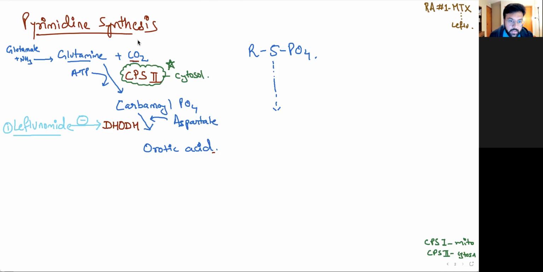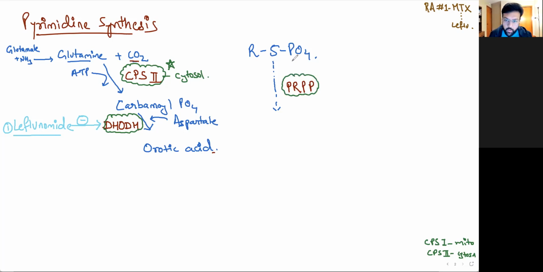Our first high yield enzyme was CPS2. Then our second high yield enzyme was dihydroorotate dehydrogenase. And this is the third high yield enzyme, just called PRPP. Very high yield. The name is very simple.